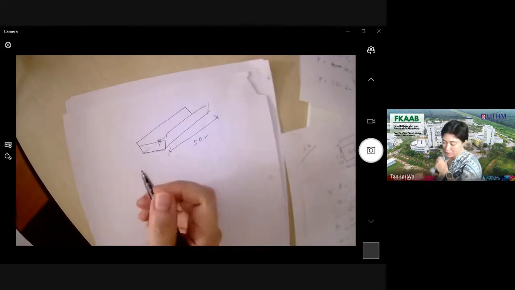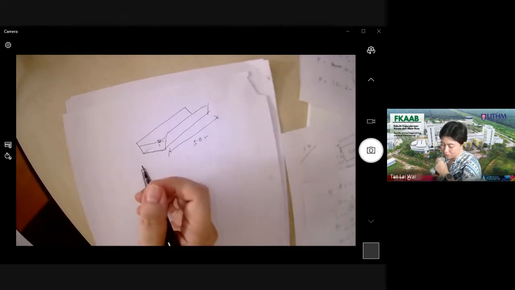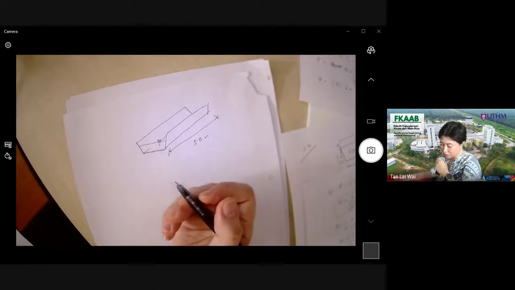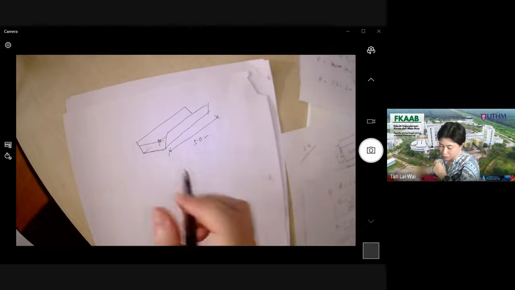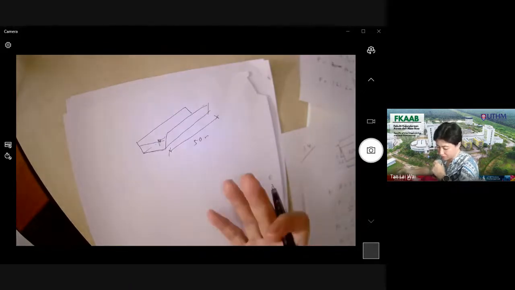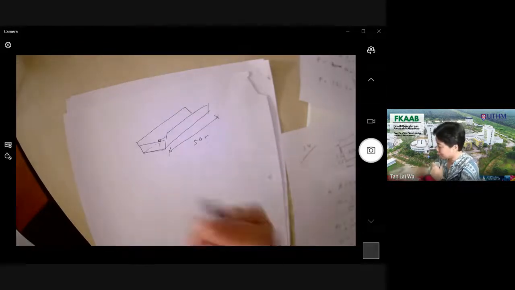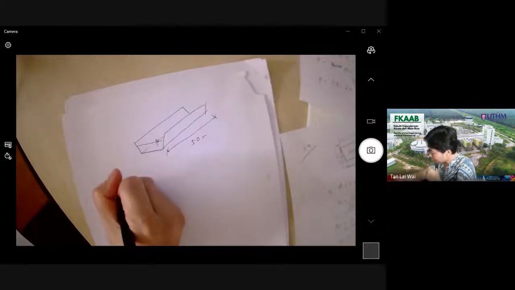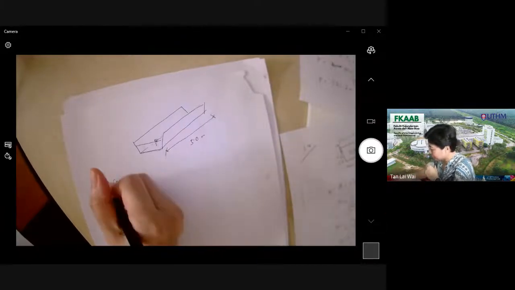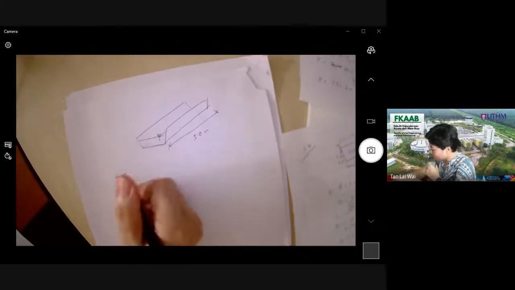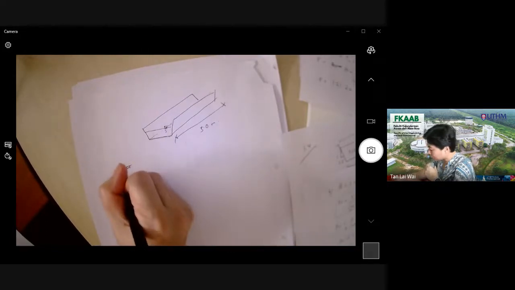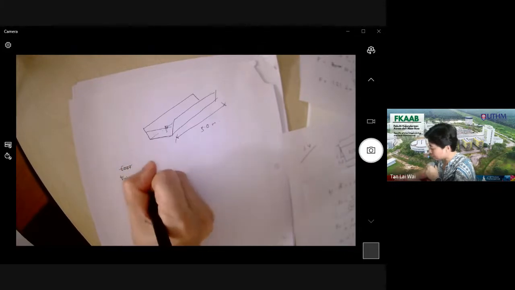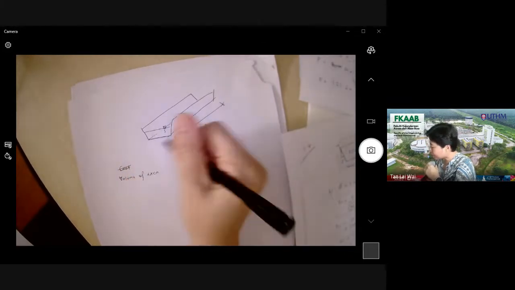Now, the same process applies when the question asks to find the total cost. That means you have the excavation and you have the lining. Let's just do it one by one. I'll find the total volume of excavation, that means I'm going to excavate this channel.